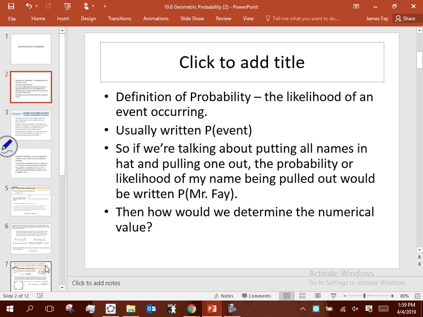Okay, and then there's formulas and all that kind of stuff and relationships that allow us to then determine the value of that probability, the numerical value, based on the situation that's happening. Okay. You've maybe talked about independent events, dependent events, and all that kind of stuff.